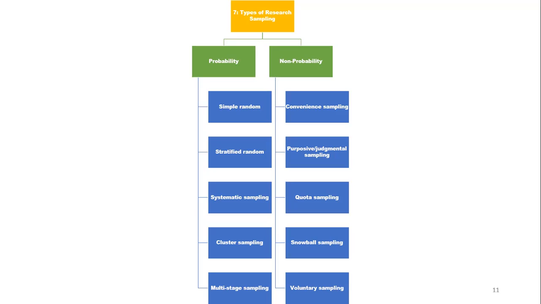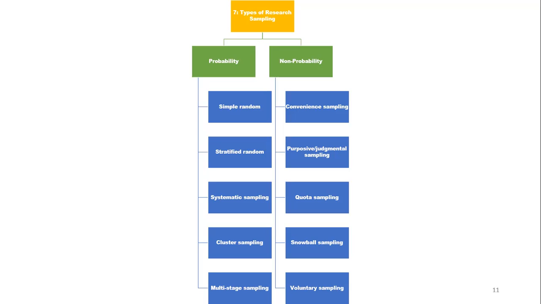The first one is simple random sampling, stratified random, systematic sampling, cluster sampling, multi-stage sampling. Multi-stage is not a particular type of research sampling per se, but it just tells us that in this study, at different stages of the data collection, there was one form of sampling or the other.